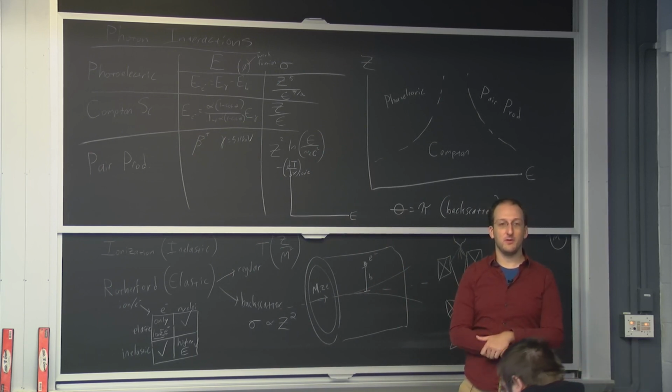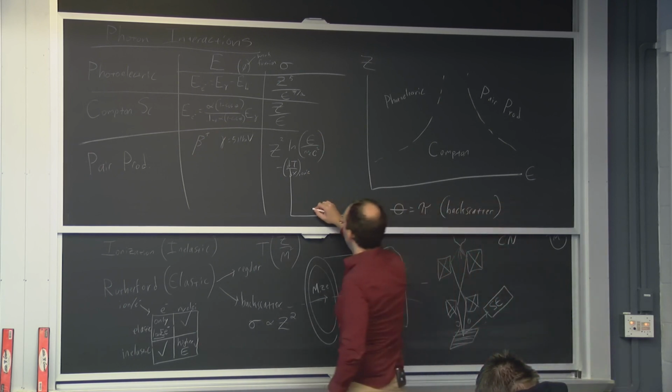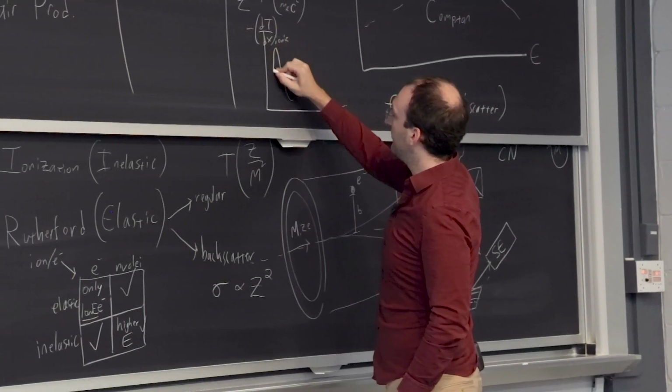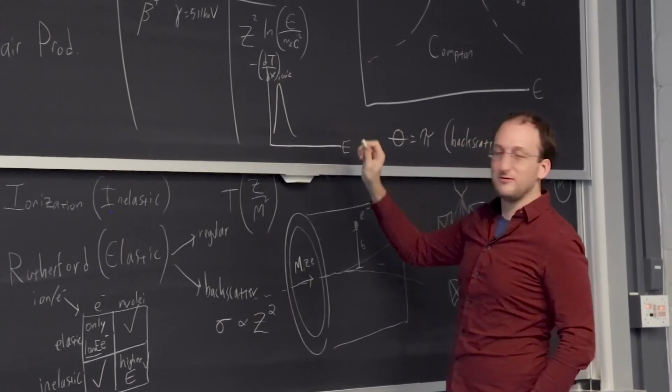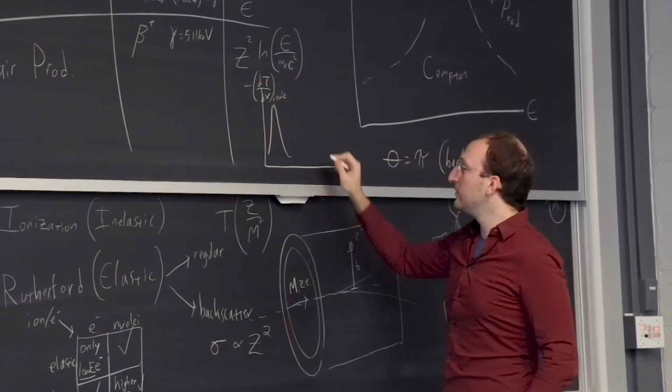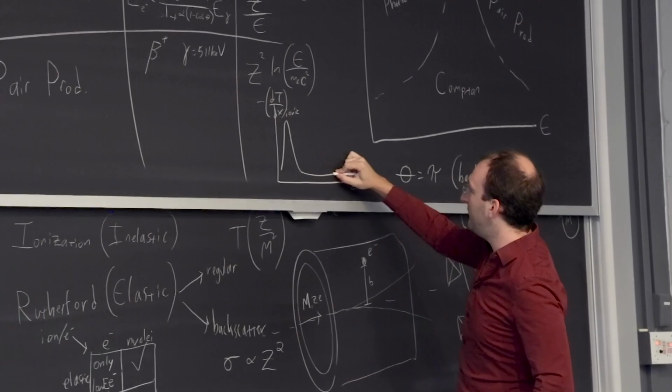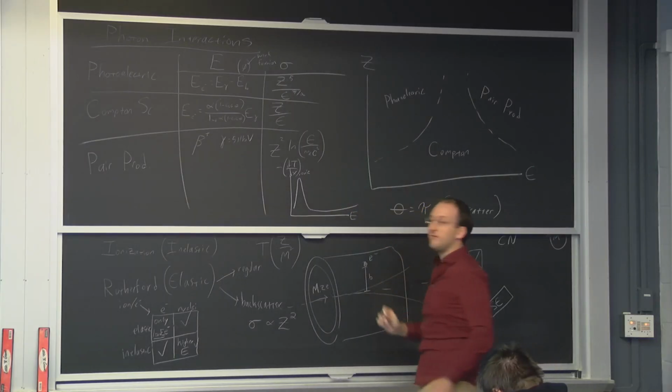Yeah? Sort of comes up like a peak at low energy. Yeah. And then drops back down to 0. Yep. And as energy goes out, it sort of flattens out. Yep. Flattens out and then eventually starts picking up again, but not very much.